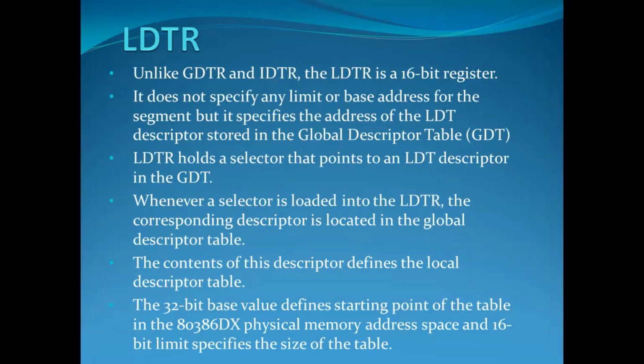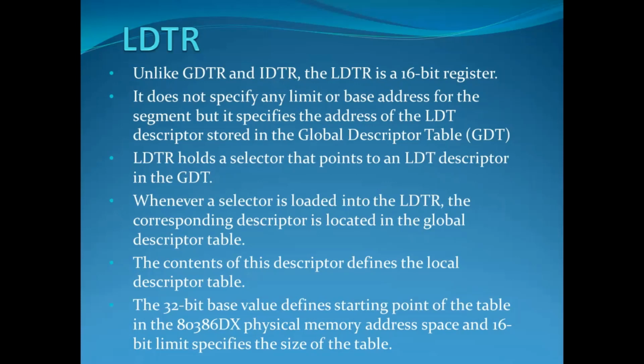The LDTR doesn't have any limit or base address for the segment, but it specifies the address of the LDT descriptor stored in the global descriptor table. LDTR holds a selector that points to an LDT descriptor in the GDT. Whenever a selector is loaded into the LDTR, the corresponding descriptor is located in the global descriptor table.